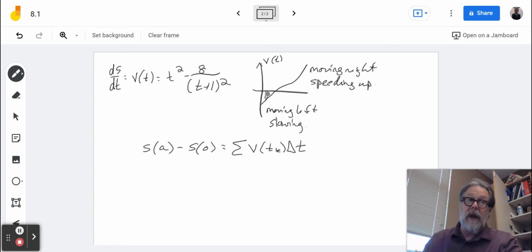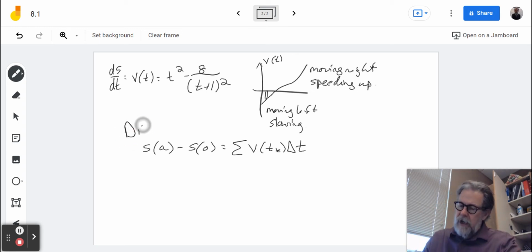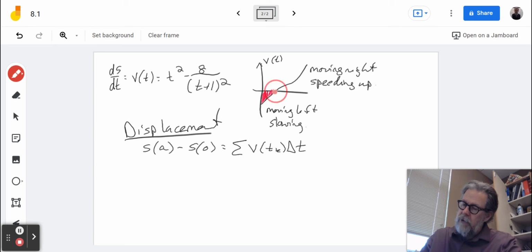And this is a displacement. How do I know it's a displacement? Well, these rectangles are going to be negative, which means I'm moving to the left. These rectangles are going to be positive, which means I'm moving to the right. And when I add these all up, what I'm going to get is a displacement rather than a distance traveled.